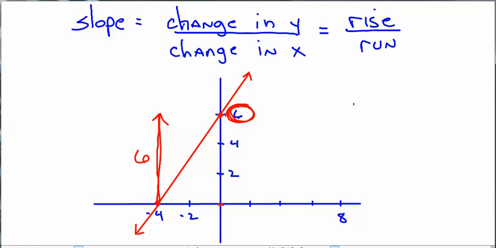So our rise is 6 over our run. How many do we got to run? We're running from -4. We're running 4 units. So our rise over run is 6 over 4, which simplifies to 3 over 2. Okay?